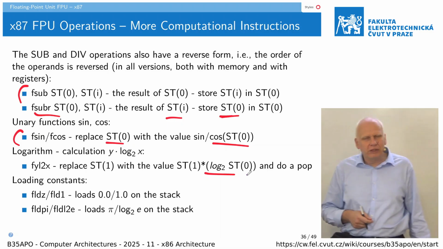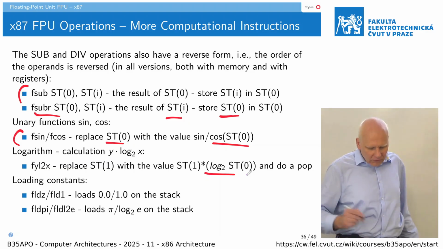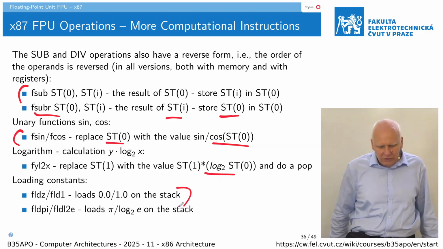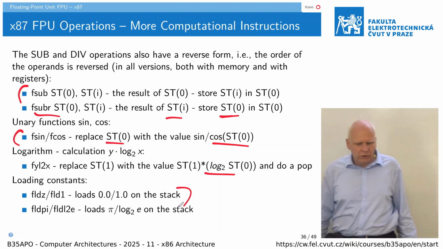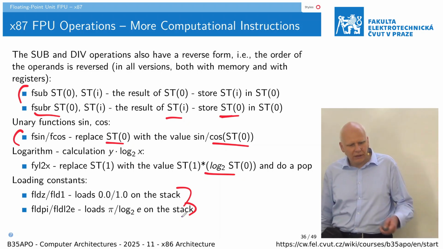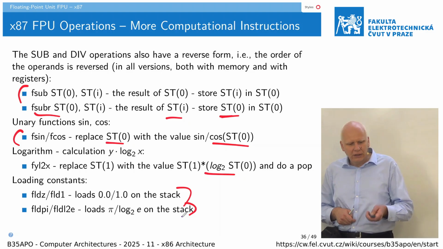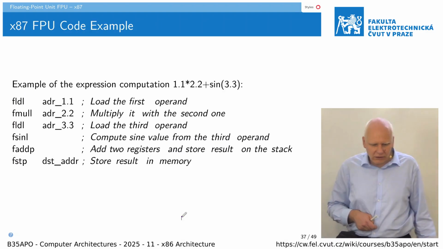It is possible even to compute arcus tangent and so on. There are even some operations which allow you to load some predefined values onto the stack, onto this internal stack, not the memory stack, that stack in the floating point register, very quickly.